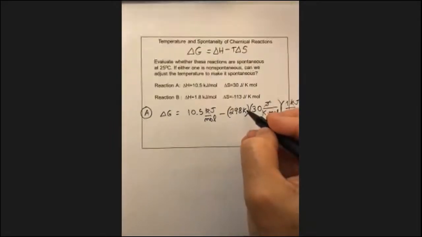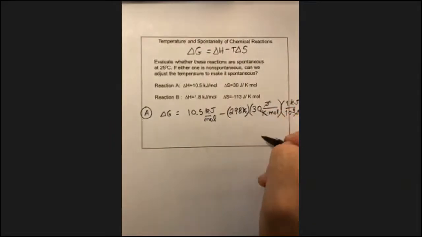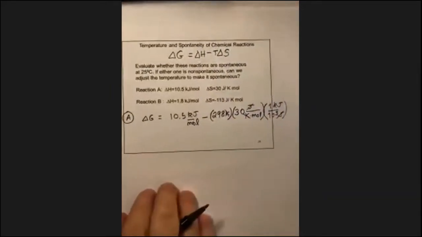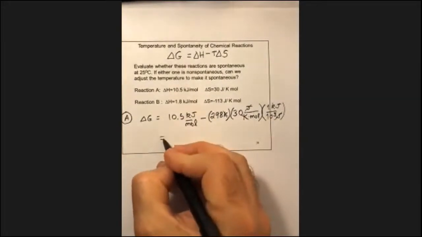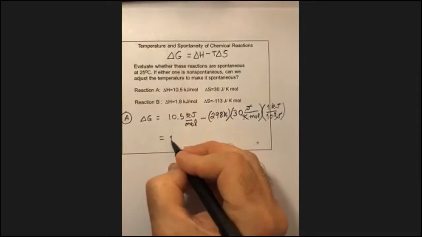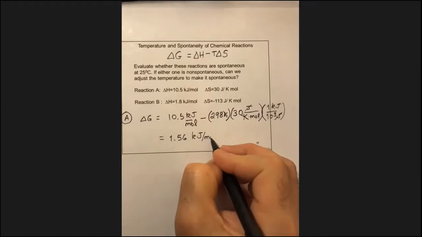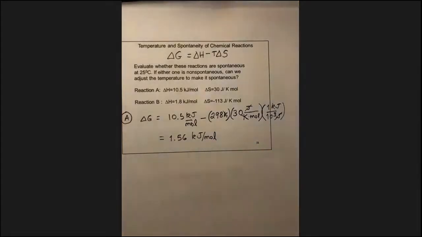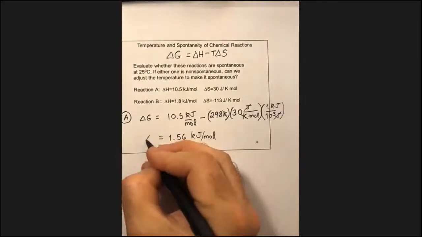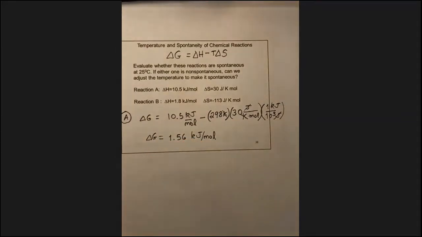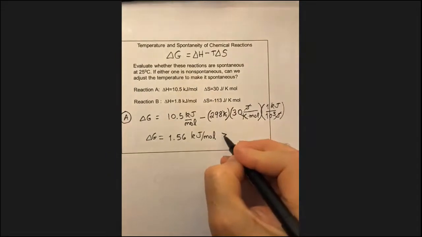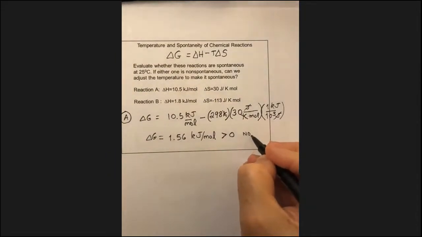And Kelvin will cancel with Kelvin. Let's do the math. And this comes up to be like 1.56 kilojoules per mole. Is it spontaneous or non-spontaneous? Right, this is positive. In other words, this is non-spontaneous.